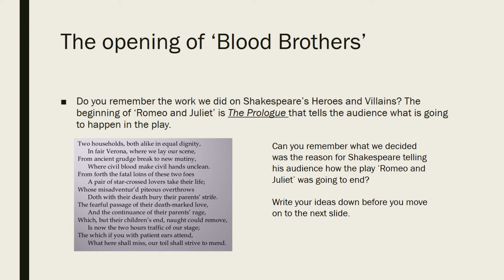The fearful passage of their death-marked love and the continuance of their parents' rage, which but their children's end naught could remove, is now the two hours' traffic of our stage, the which, if you with patient ears attend, what here shall miss, our toil shall strive to mend.